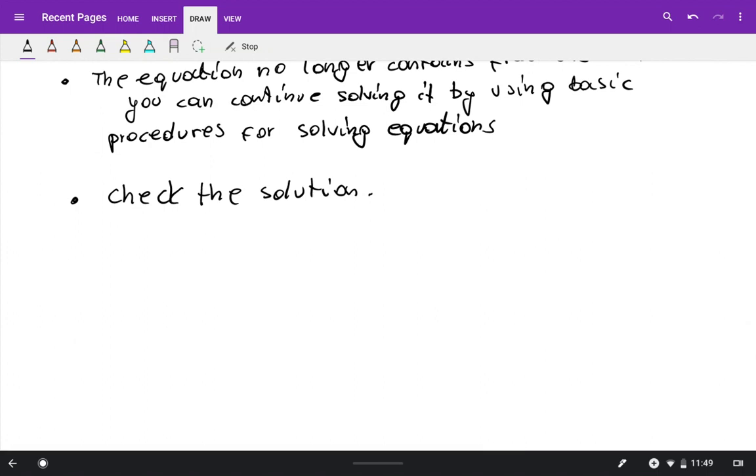Okay, so let's do example 3, which has fractions. Let's go back. So we have 2 over 3 p equals 1/2 p plus 1 over 3.